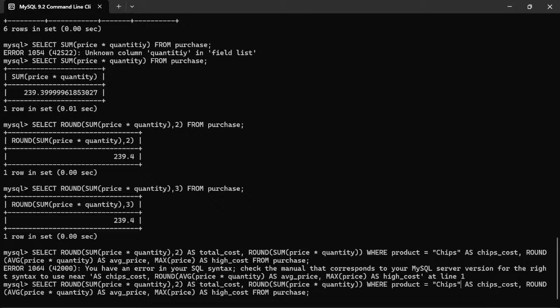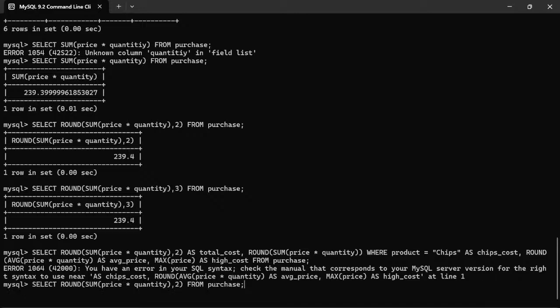So from purchase is a table, yeah. Let's break it down part by part. First of all, I have rounded this.